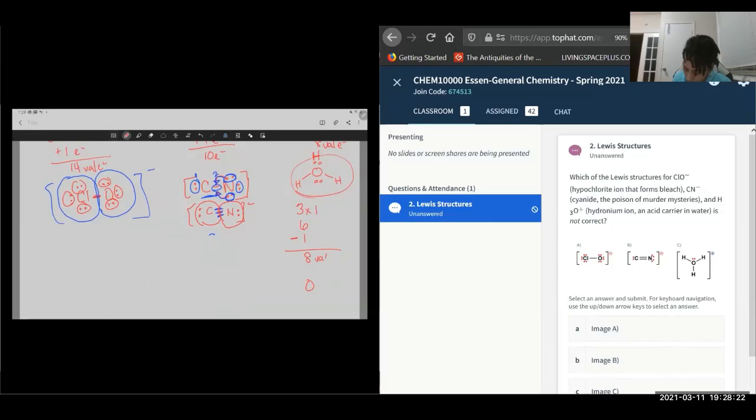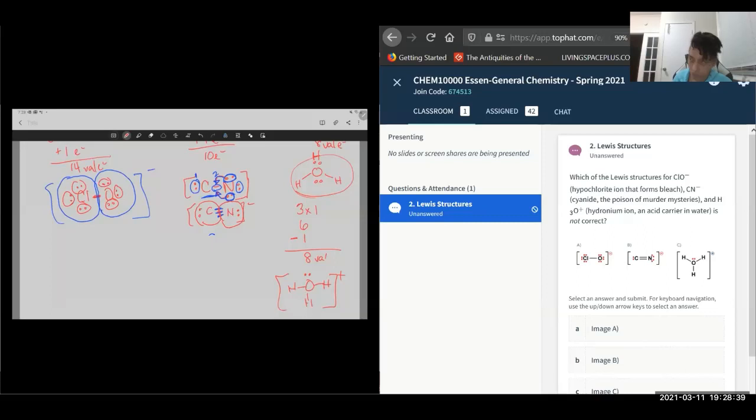I've got oxygen, hydrogen, hydrogen, hydrogen, 1, 2, 3. That is 6 electrons, and place the last pair on the outside, and that gives me a plus 1.